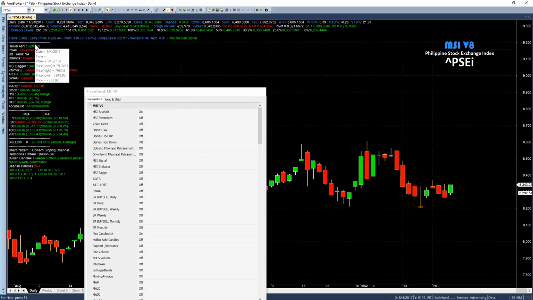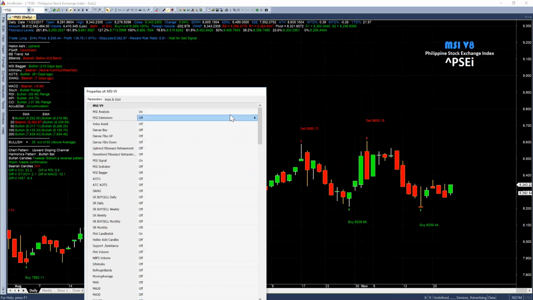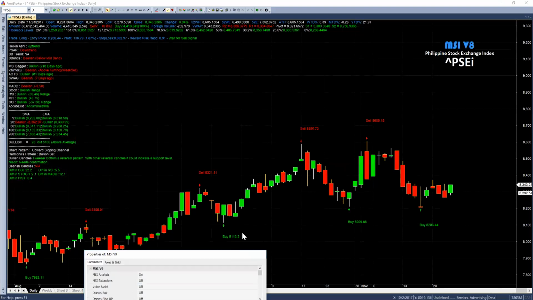Another trading system that is offered by MSI is the buy and sell signals using the pivot. Okay, you can use that by switching on the MSI signal. Dito sa MSI signal, as you can see, meron siyang buy and sell signals.